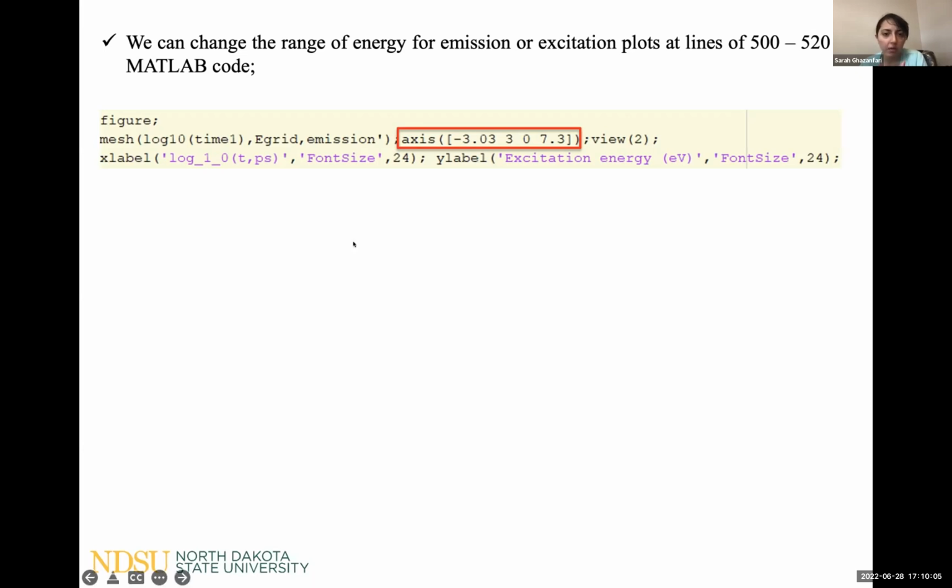In this case, for the x-axis we want a minimum of minus 3.03 and a maximum of 3 electron volts, and for the y-axis we want the range from 0 to 7.3 electron volts.